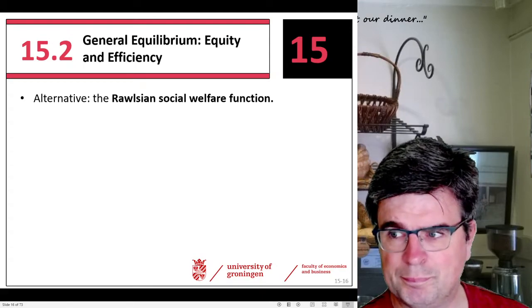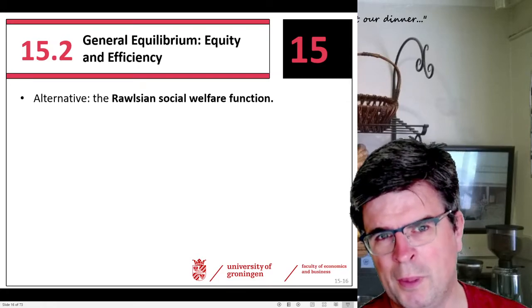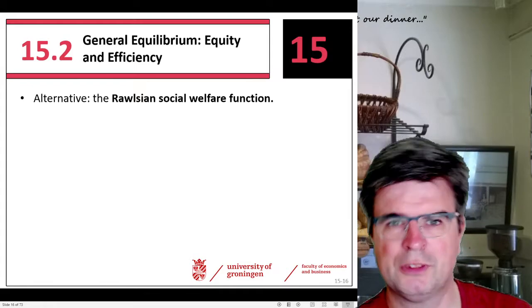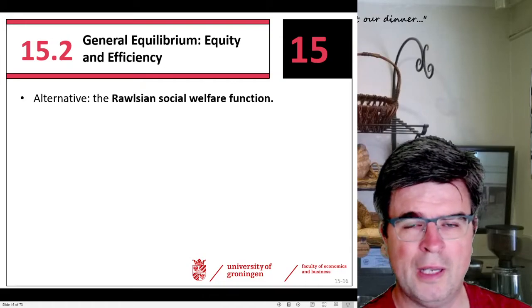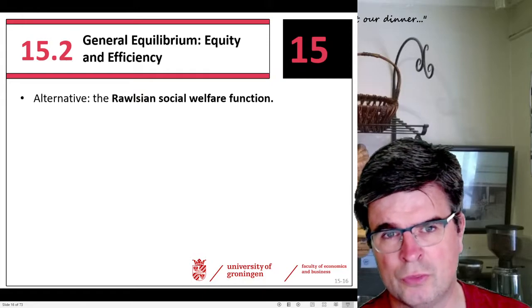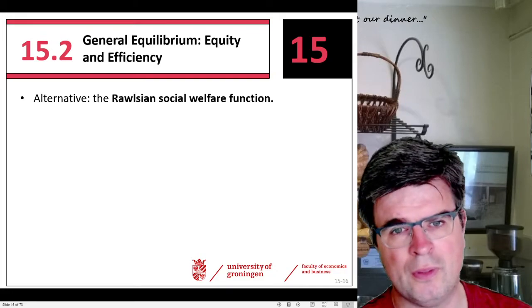And this is also the part of economics that comes quite close to the field of philosophy, because when you consider what is best, what is optimal for society, you already come pretty close to questions that are also important in the field of philosophy. And John Rawls, of course, is also an important name in that field.